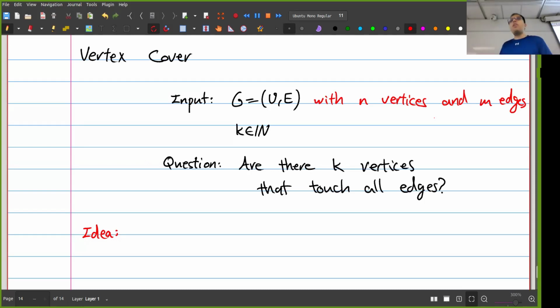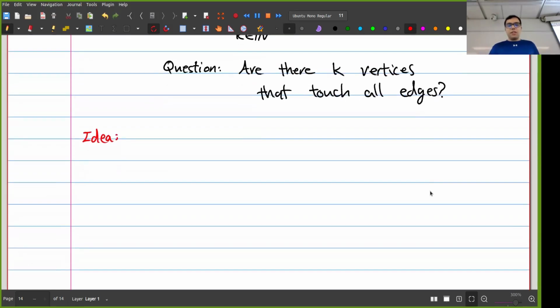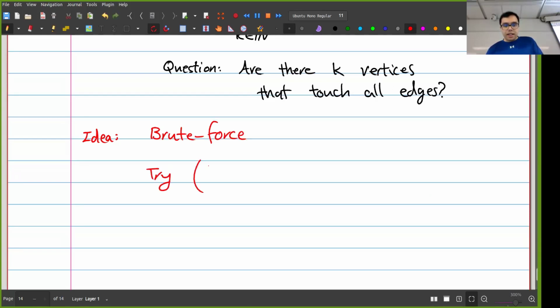Well, let's try all sets of k vertices. Okay. How many sets of k vertices can I have? Yes. So I just do brute force, and I have to try n choose k possibilities. All the subsets of size k.